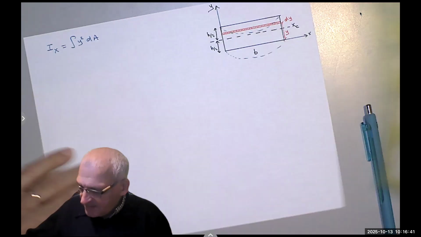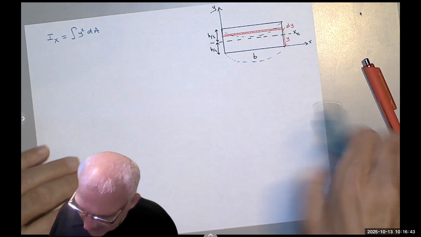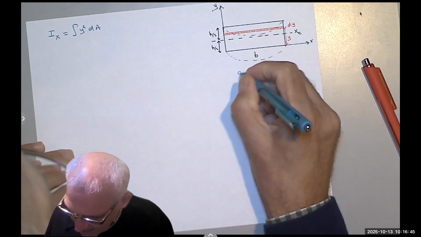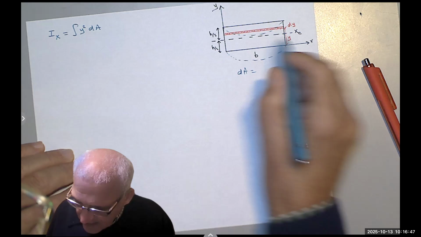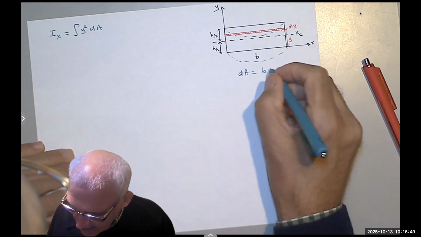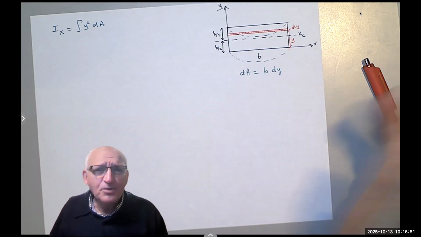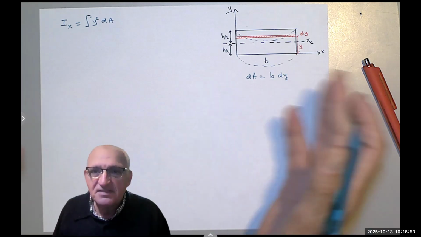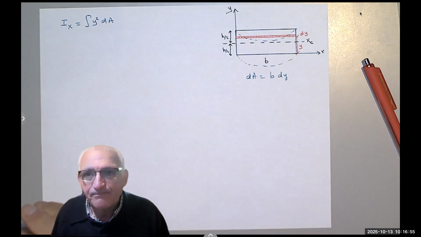And what is the area of that element? dA is basically b times dy. It's a very small rectangle. So that's the simplest case you would have.